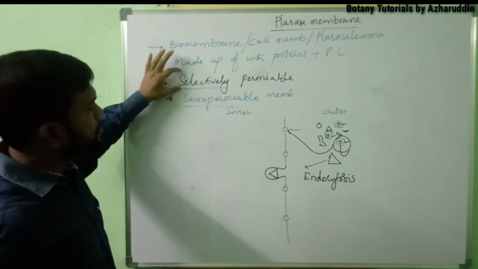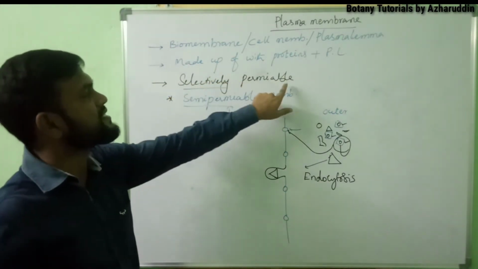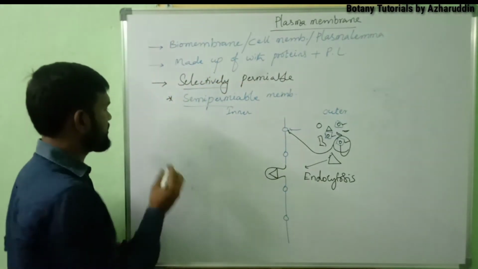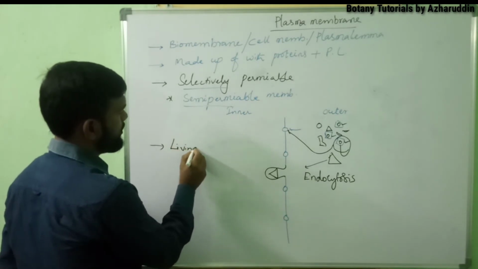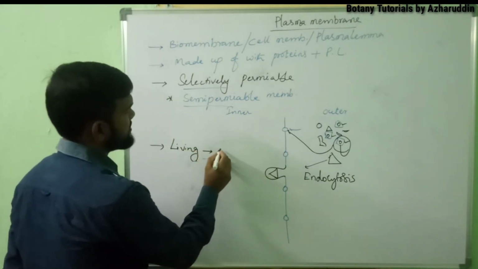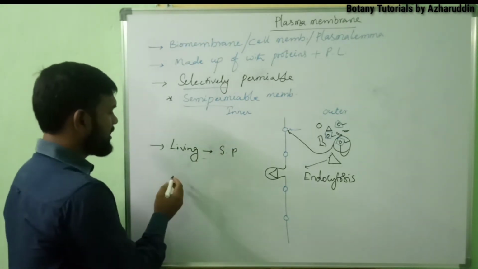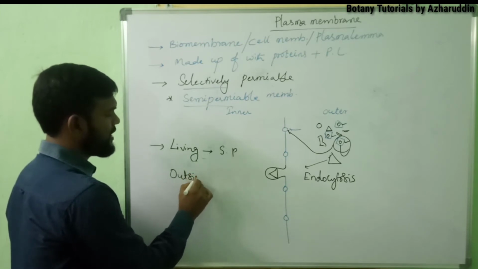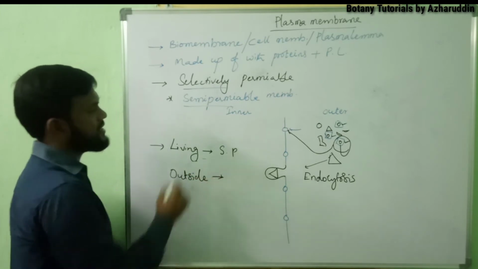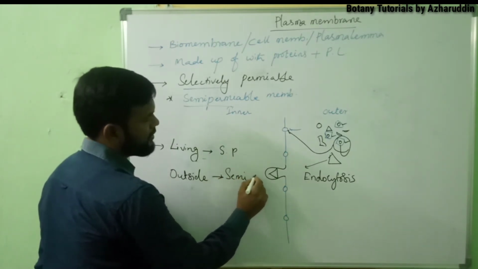When the plasma membrane is in a living system, it acts as a selectively permeable membrane.